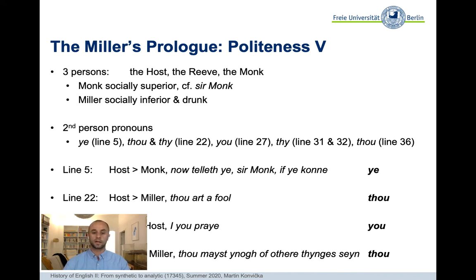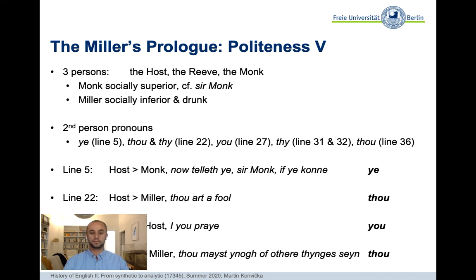Right, and then you can actually see that the host, when addressing the monk who is socially superior, uses the polite singular ye, right? Whereas the host addressing the miller uses the impolite singular thou.